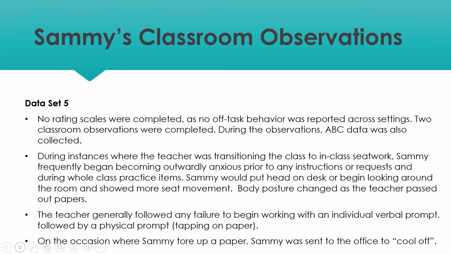His whole body posture was changing as Mr. Kennett was passing out the papers for the seat work. If Sammy didn't start, the teacher would give him a verbal prompt and then a physical prompt, tapping on the paper, saying let's get busy. Once Sammy tore up the paper, he was sent to the office to cool off. So, any ideas?